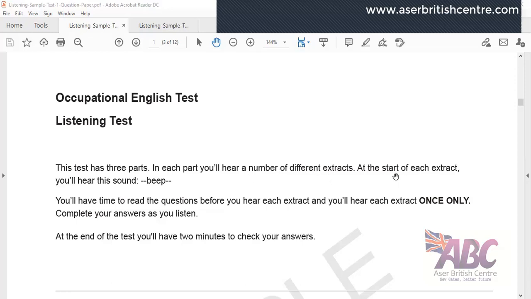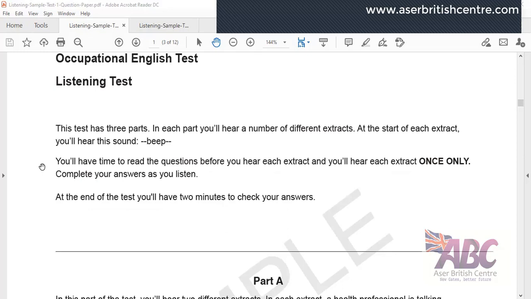At the start of each extract, you'll hear a beep. You will have time to read the questions before you hear the extract, about 30 seconds. You will hear each extract once only, so it will not be repeated again.